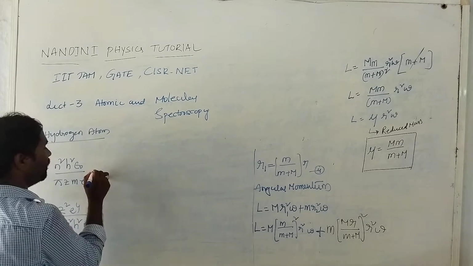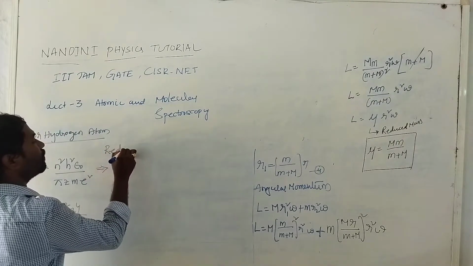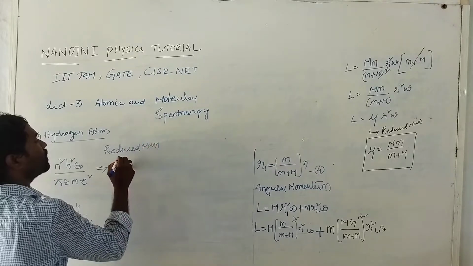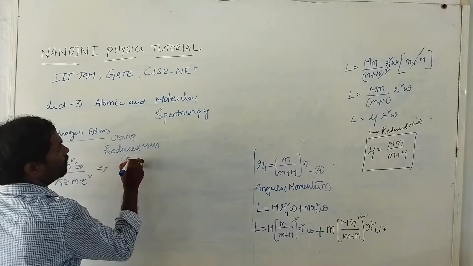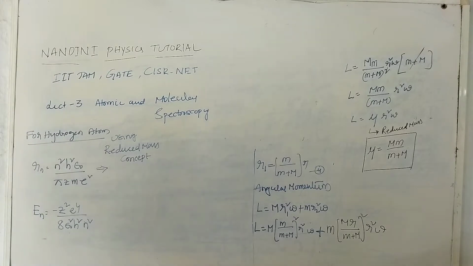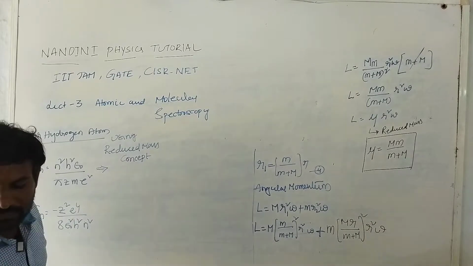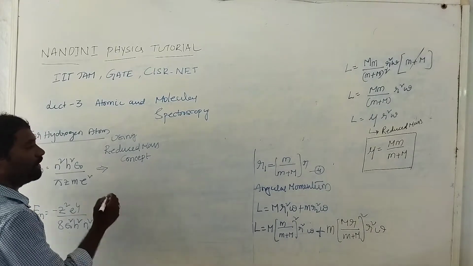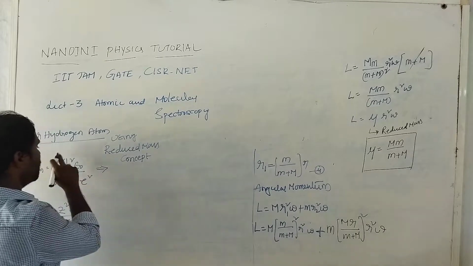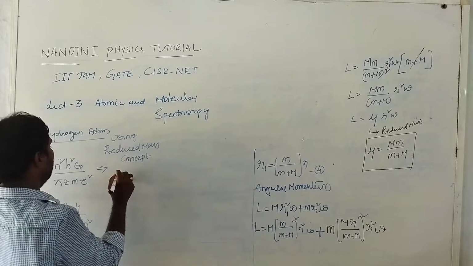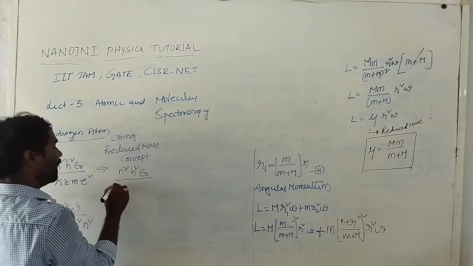Now I will change these equations in terms of reduced mass. Using the reduced mass concept, this equation will be changed into n square h square epsilon naught divided by pi z.